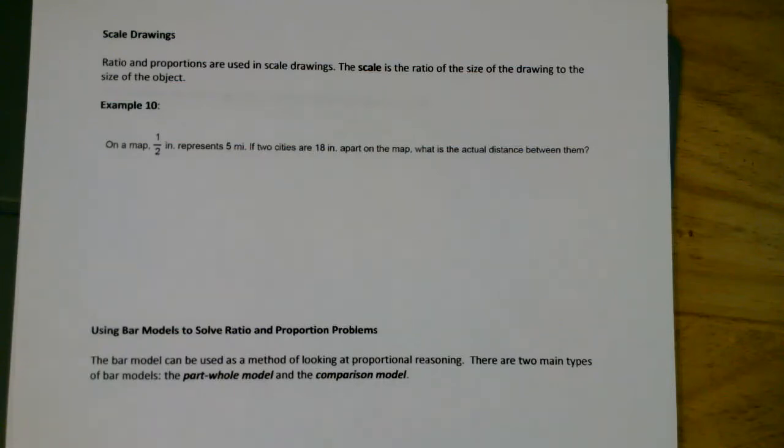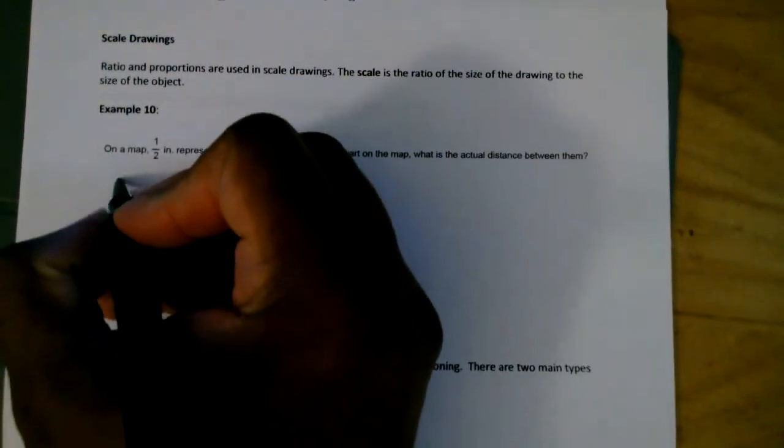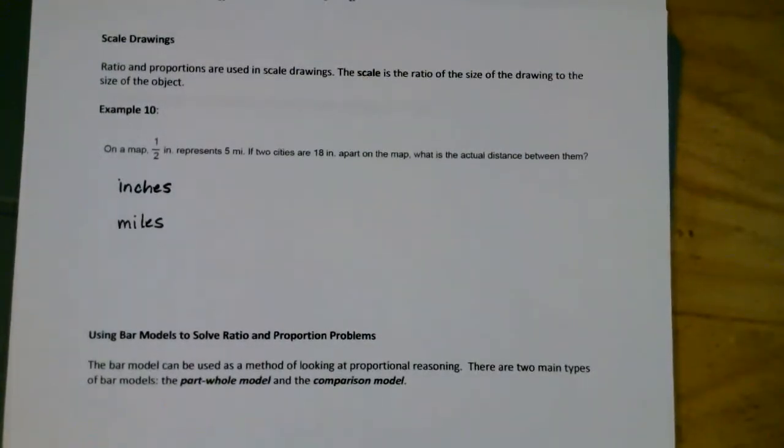So in this example, let's say on a map, 1/2 inch represents 5 miles. If 2 cities are 18 inches apart on the map, what is the actual distance between them? Okay, so if I set up a proportion, each ratio would be for inches to miles.